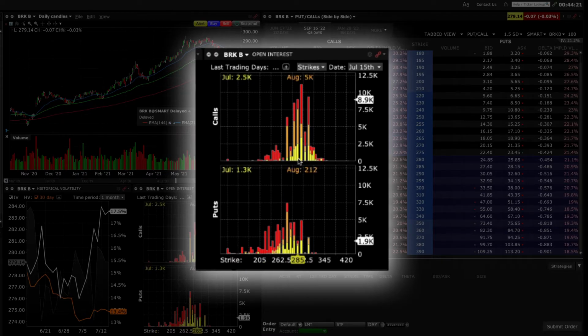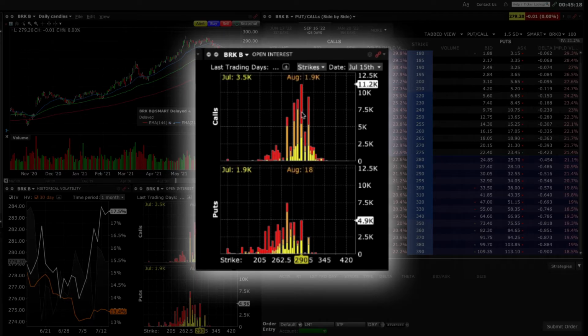As you can see, from both calls and puts, the option with the most open interest is the call option with a strike price of $290. There's 11.2 thousand open positions. The most open interest positions are actually call options with strikes at 280, 285, 290.